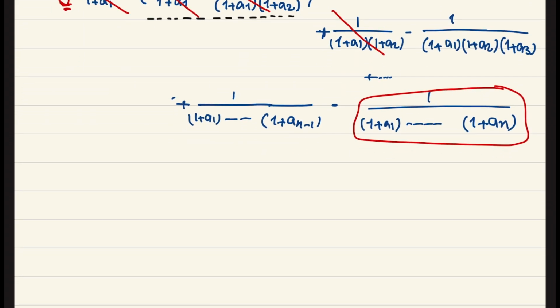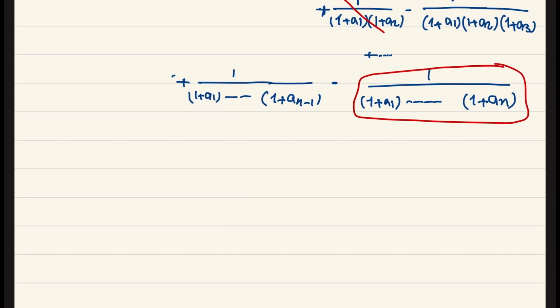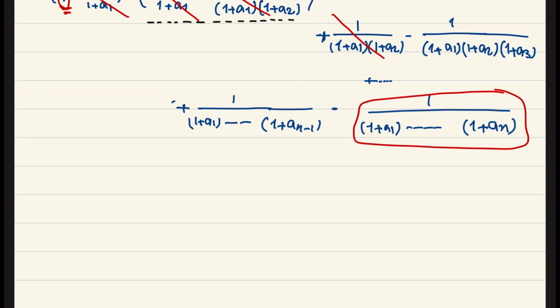So let's scroll down a little bit, and I will write these 2 terms again. So what I'm left with is 1 minus 1 over 1 plus A1, 1 plus A2 times 1 plus AN. Okay, so this is the whole expression we have here.